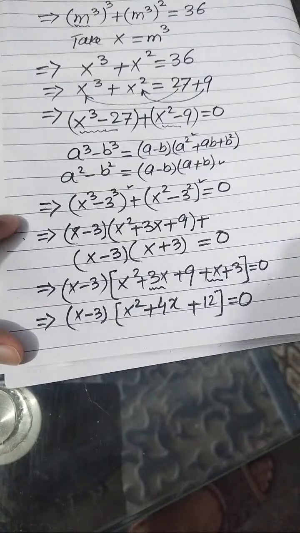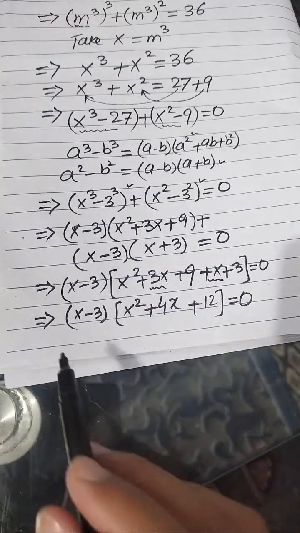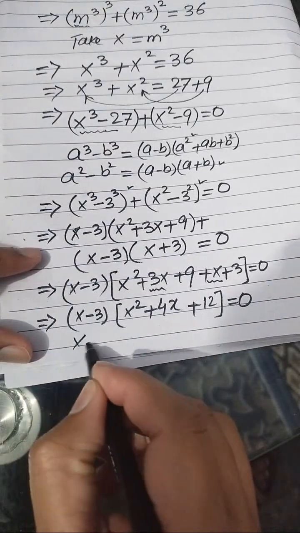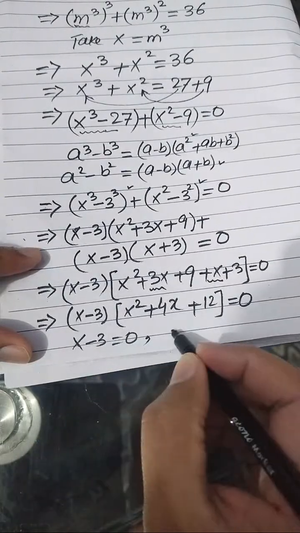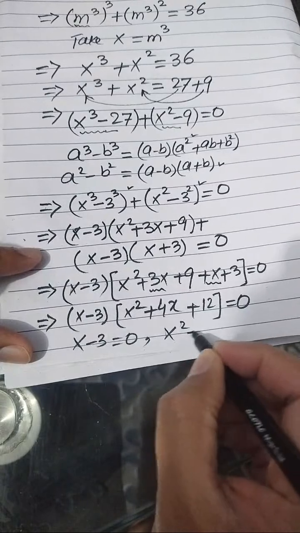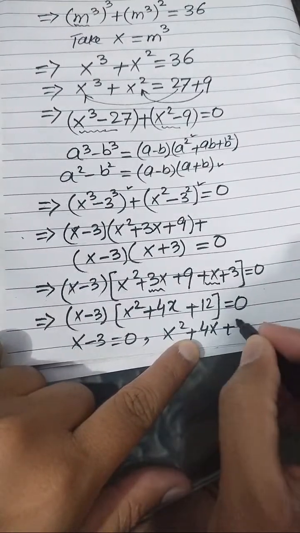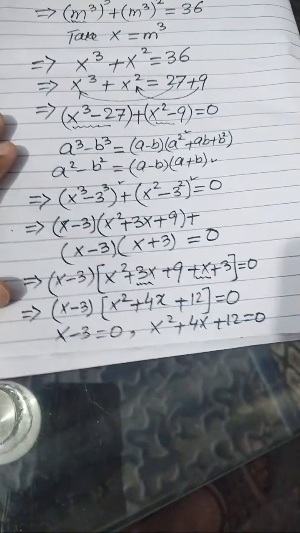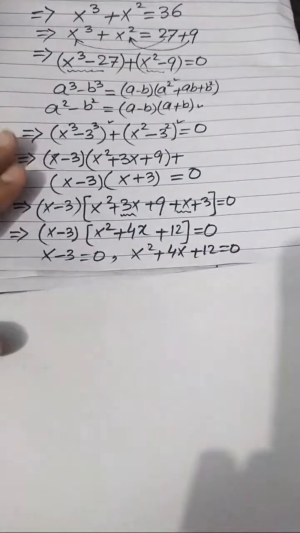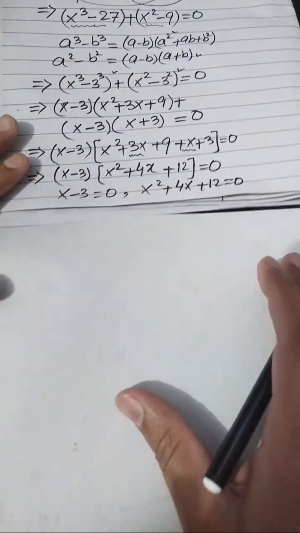Now we have two cases. The first case is x minus 3 is equal to 0, and the other case is x squared plus 4x plus 12 is equal to 0. We will solve the problem by these two cases.